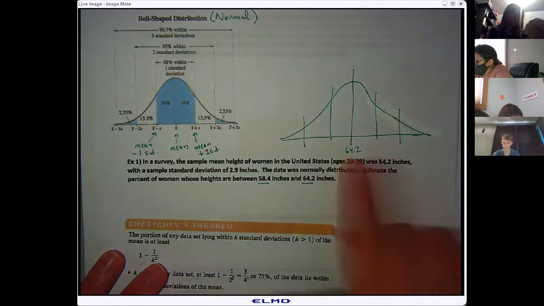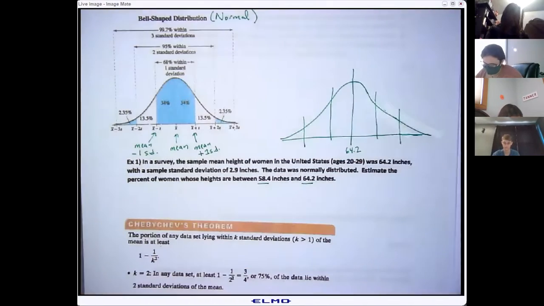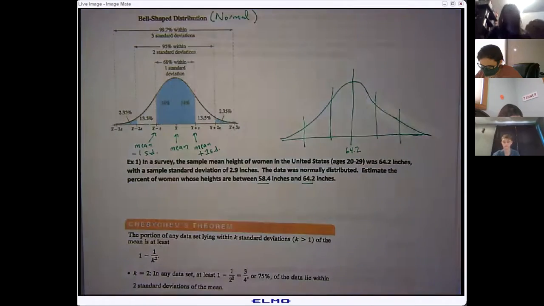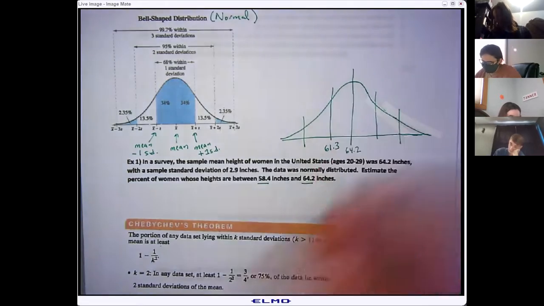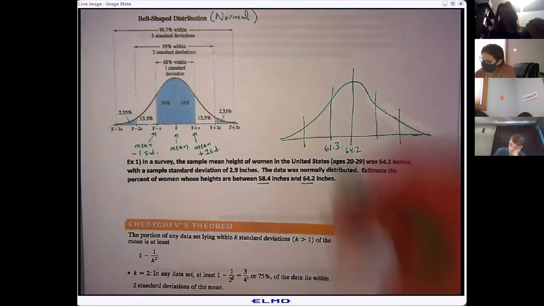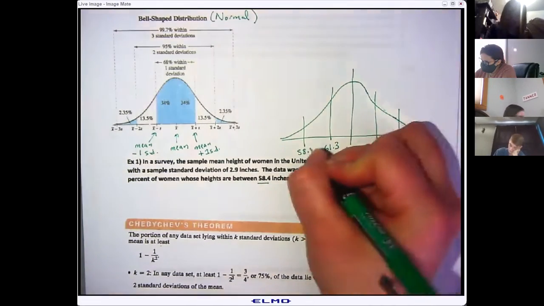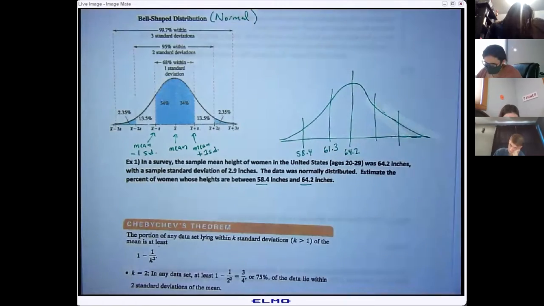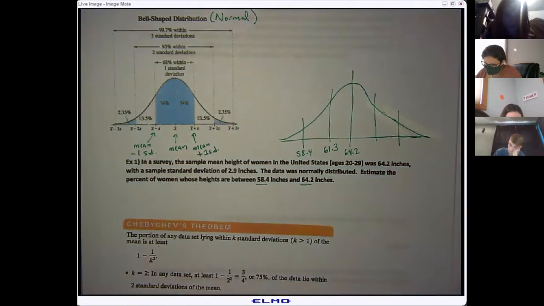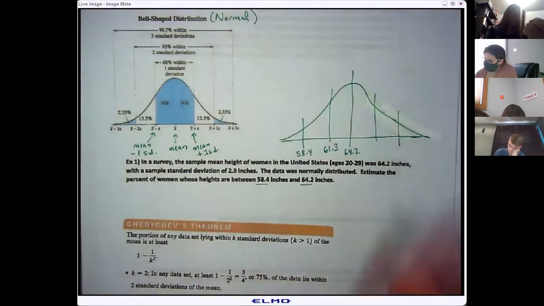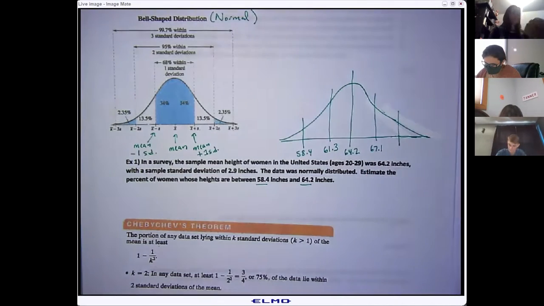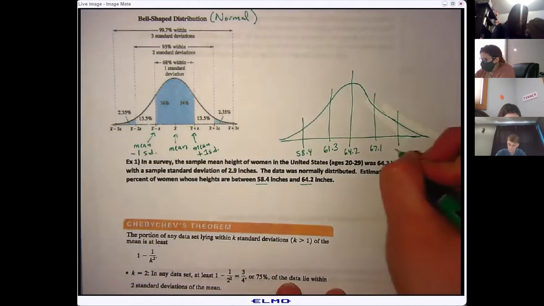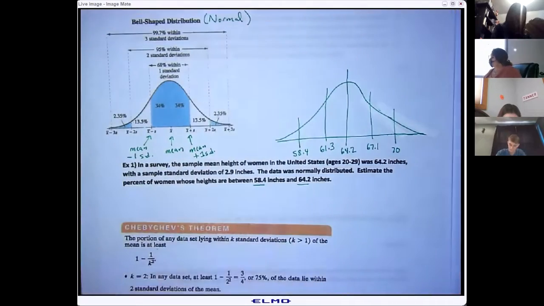So first I'm going to take 64.2 and subtract 2.9. This gets me 61.3 here, and if I subtract another 2.9, I get 58.4. And then if I add on the other side, I get 67.1, and then add another 2.9, and I get 70. So there's ladies' heights normally.